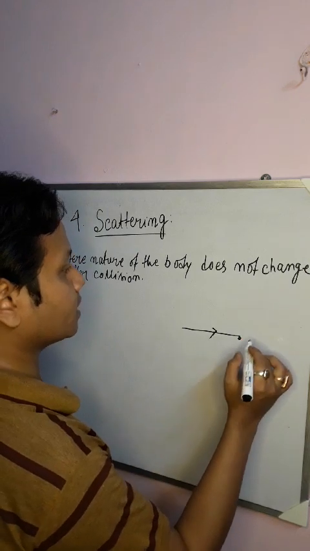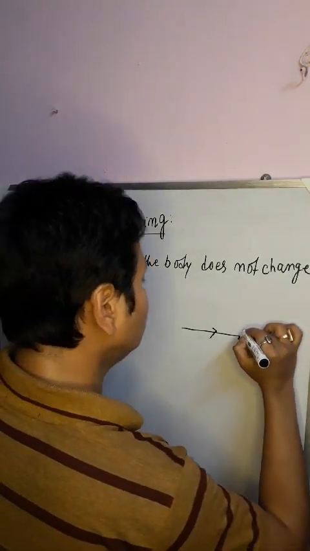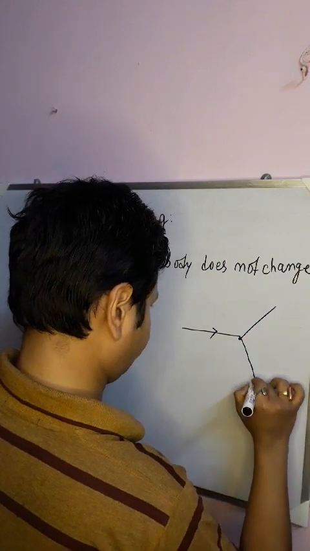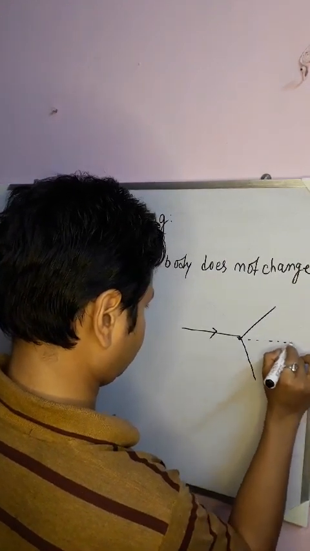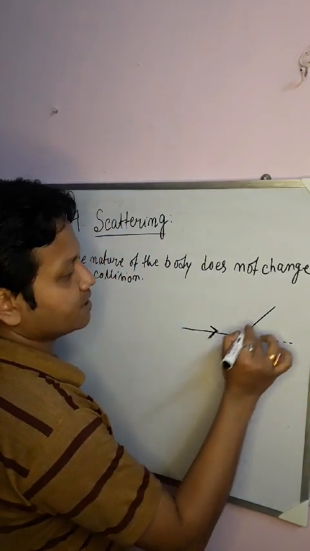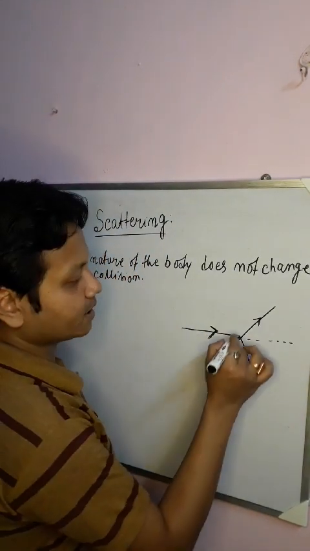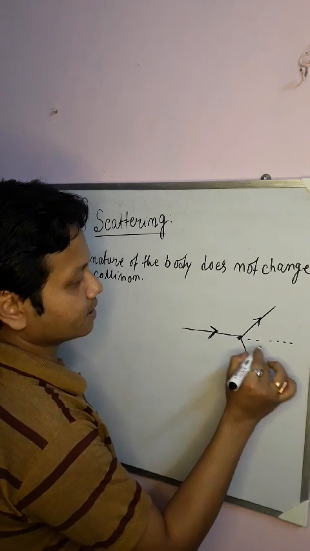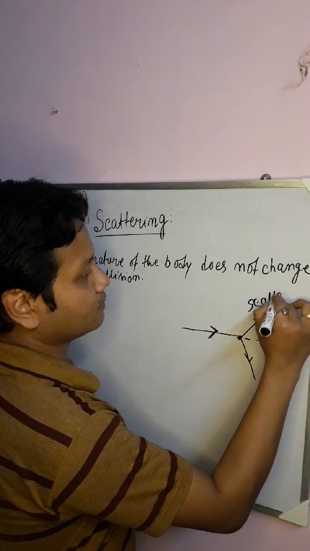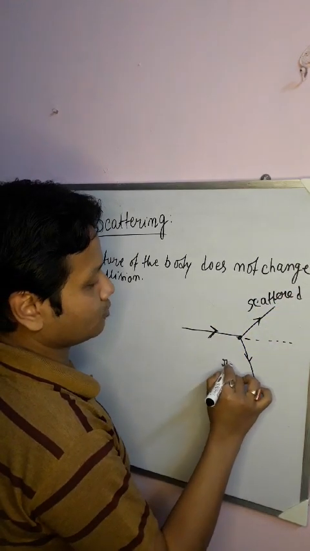After collision, the incident particle is scattered and the target particle recoils in this direction. This is scattered and this is recoiled.